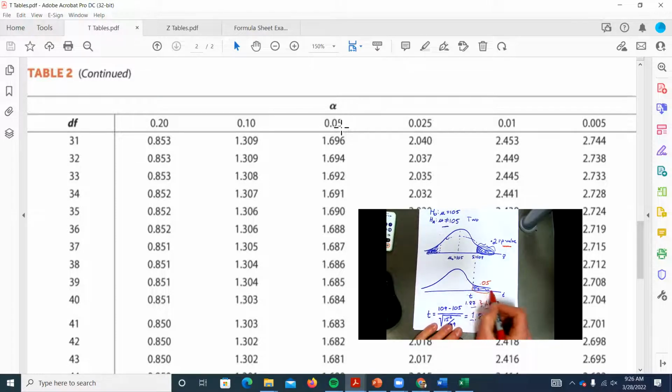So once we find this area, we need to multiply it by 2, or think about it as having 2 areas that are both 0.05, so I would add them together. They're going to be the same value every time, so I can just multiply by 2. So here, my final p-value would be 0.05 times 2, or 0.1.